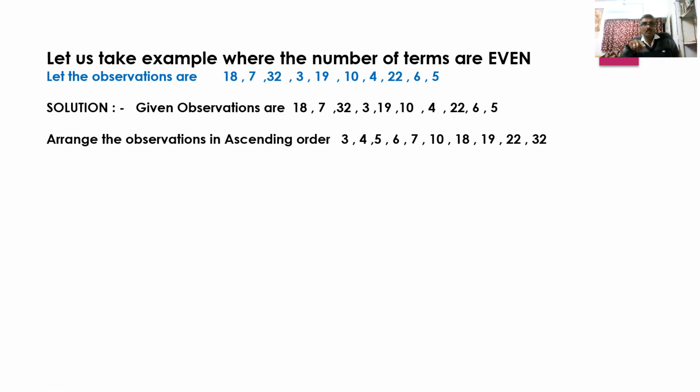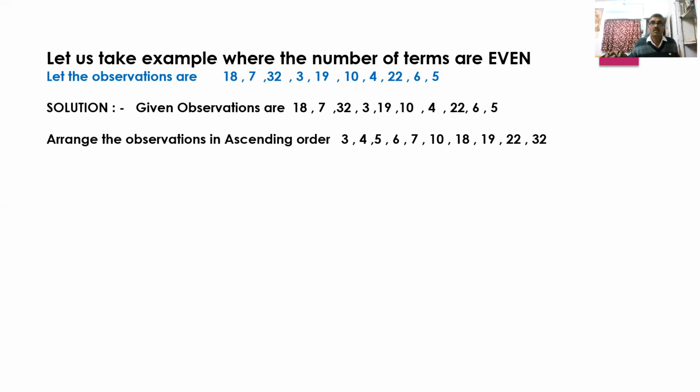First of all, which one will be there? 3. Which is the smallest? 3. So 3, then 4, 5, 6, 7, then 10, 18, 19, 22, and 32. What is the total number of observations?